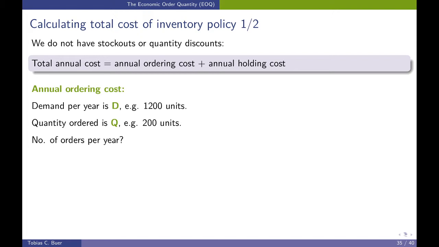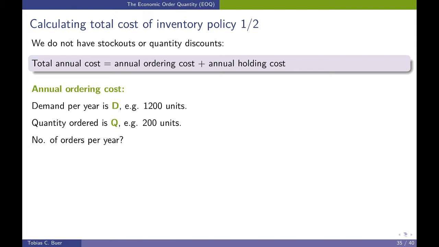So how to calculate the annual ordering cost? The cost of placing orders per year. We know the demand per year. The demand is expressed with the parameter big D. Let's say the demand is 1,200 units.